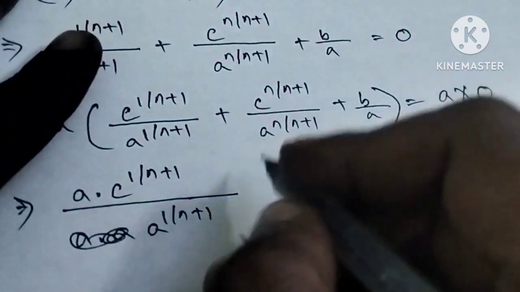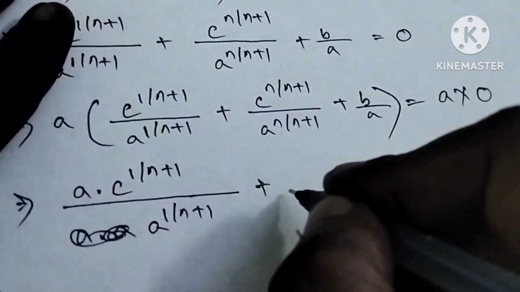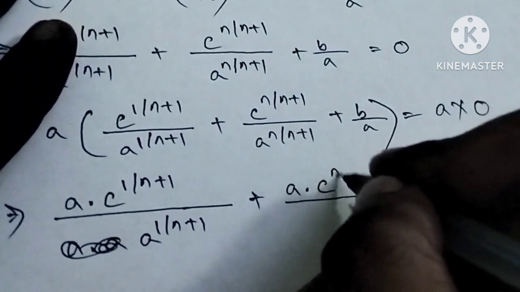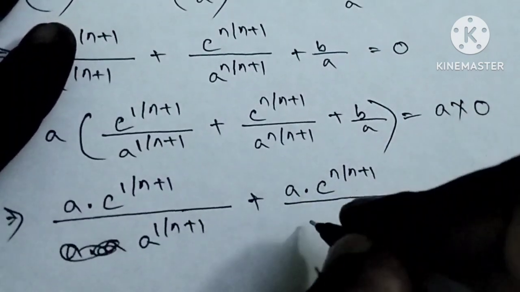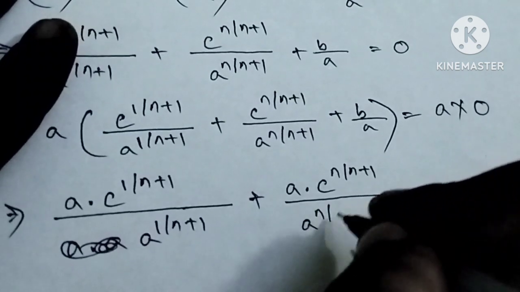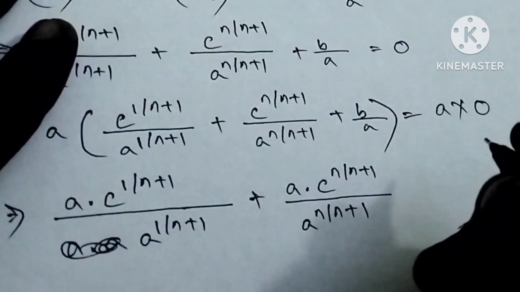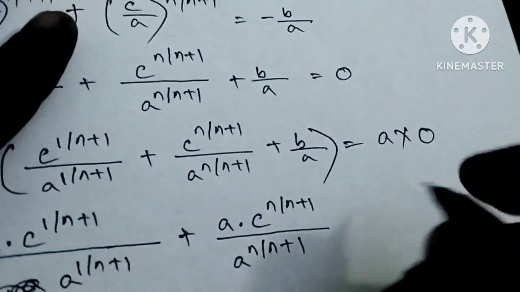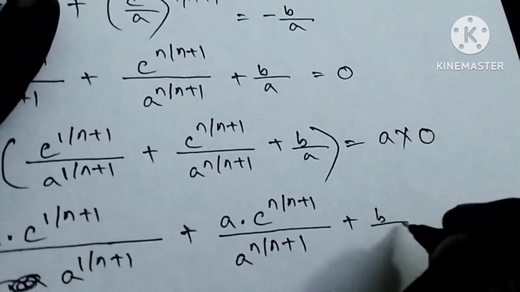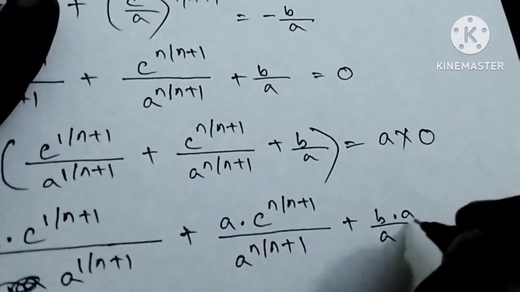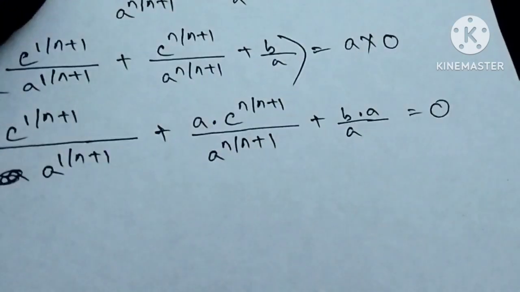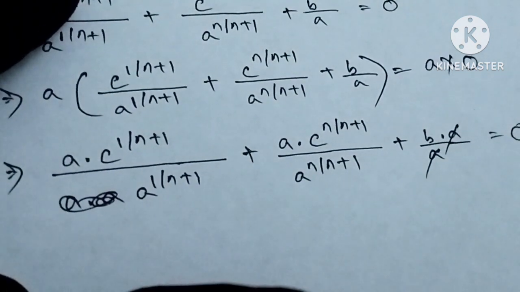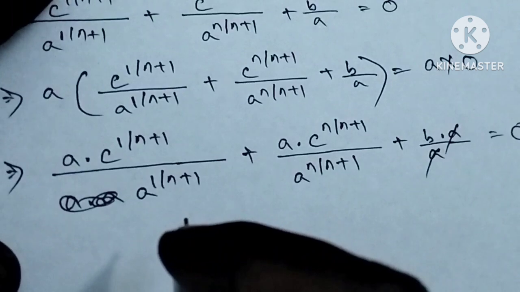Plus a into c to the power n by n plus 1 by a to the power n by n plus 1, and here b by a into a is equal to 0. A into 0 is 0. So here a will cancel each other. Simple.